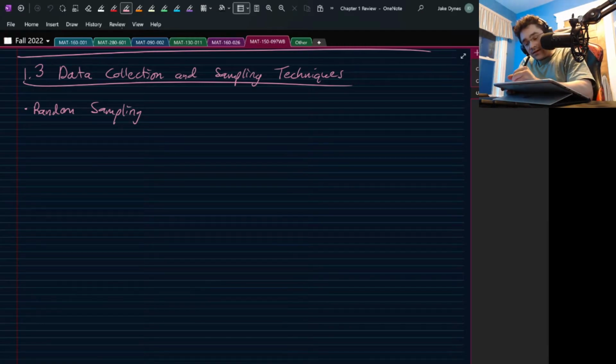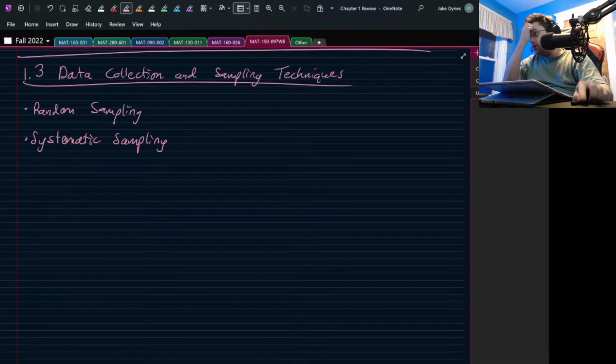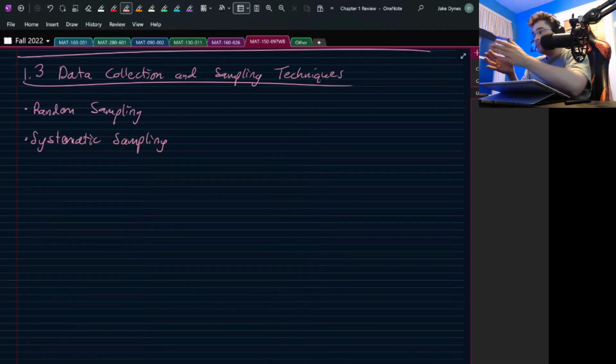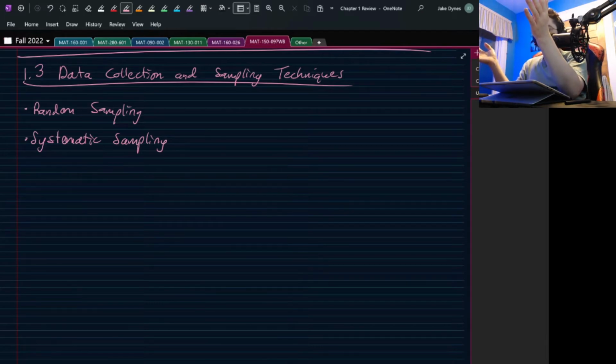Next, we've got systematic sampling. And systematic sampling is more used for, like, quality control, basically. It would be used, say, at a milk manufacturing company or milk pasteurization company, whatever.